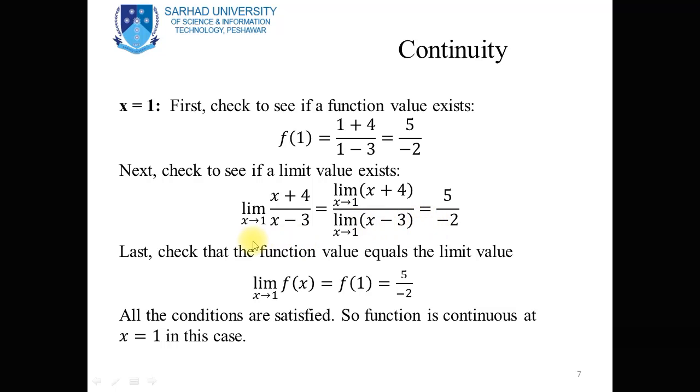Now for the third condition, check that the function value equals the limit value. This is the function value, and this is the limit value. So the function value and the limit value are equal. So condition number 3 is also satisfied. So the function is continuous at x is equal to 1.